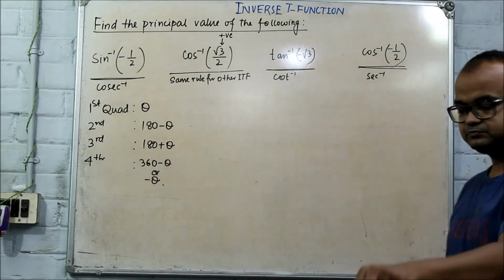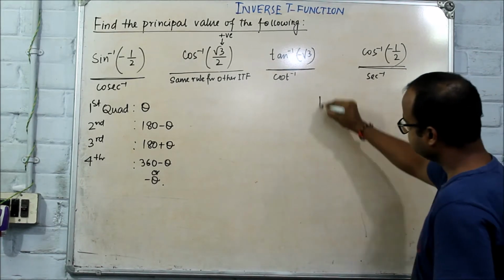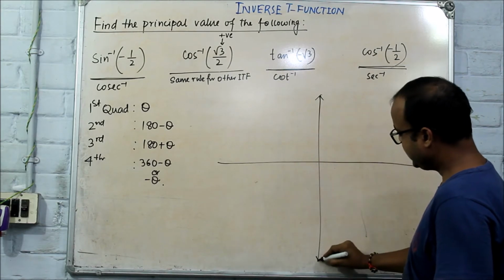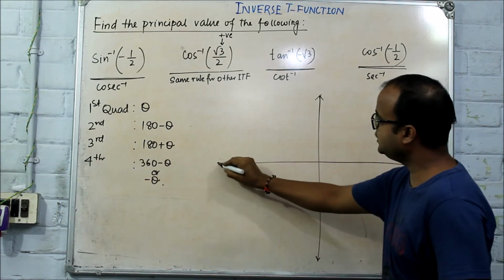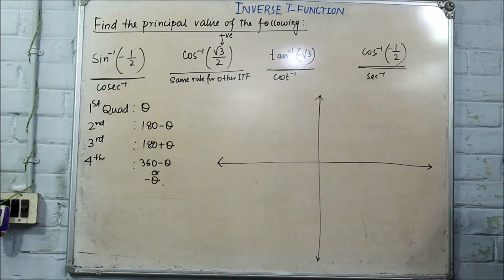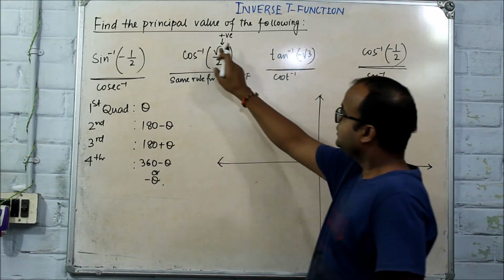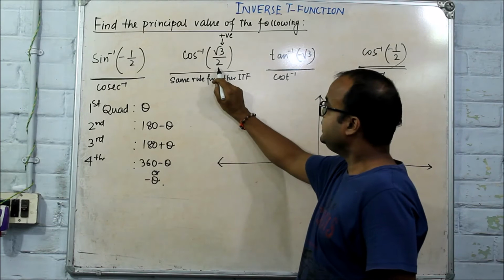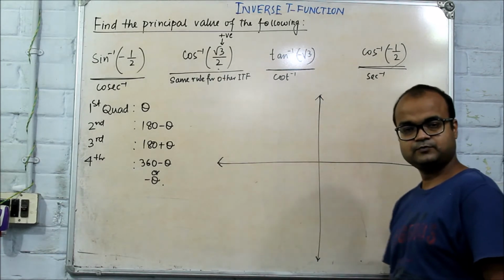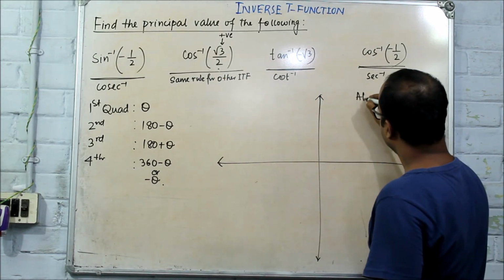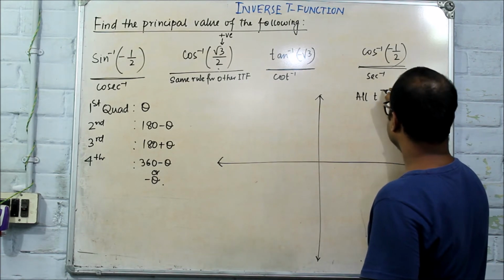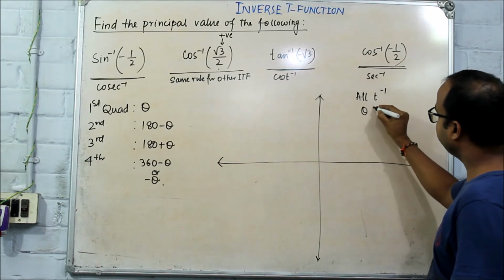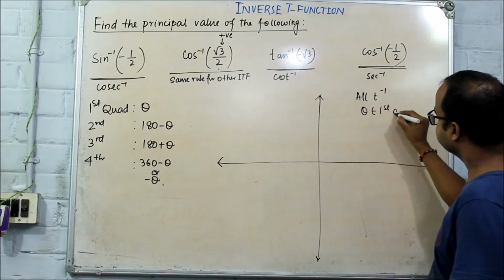Moving into the inverse part. Now I am going to explain the rules for the inverse trigonometric functions. Now look at this number. If it is positive, for all inverse trigonometric functions, your theta belongs to the first quadrant.